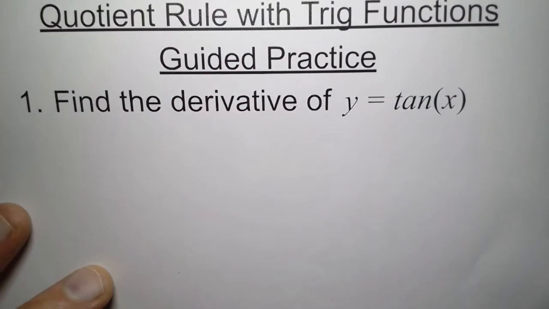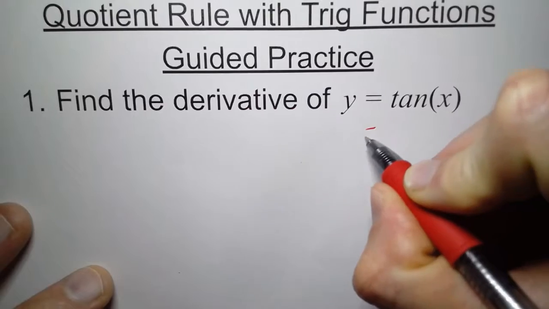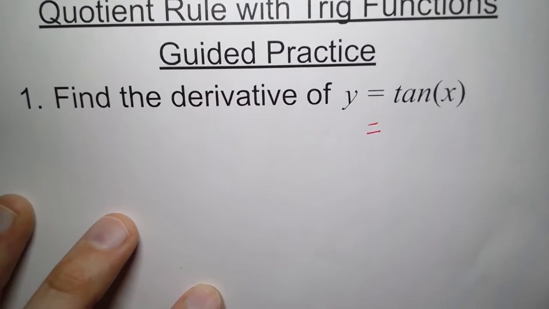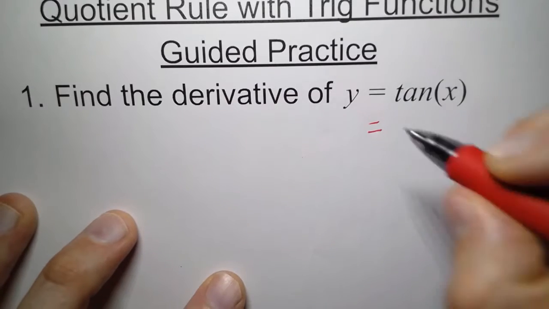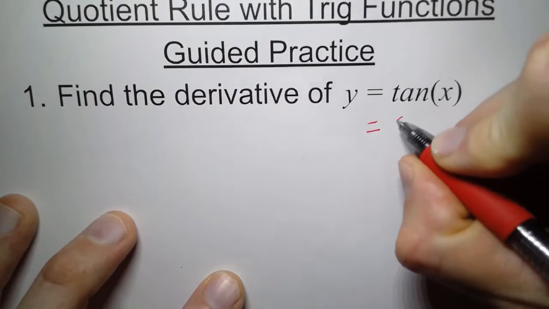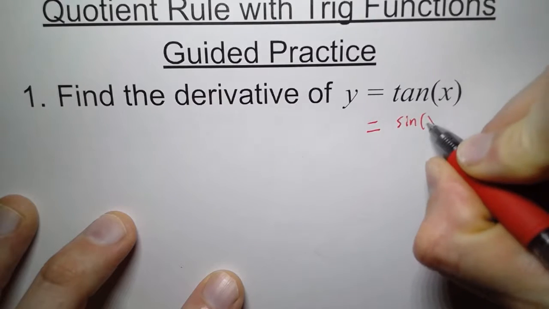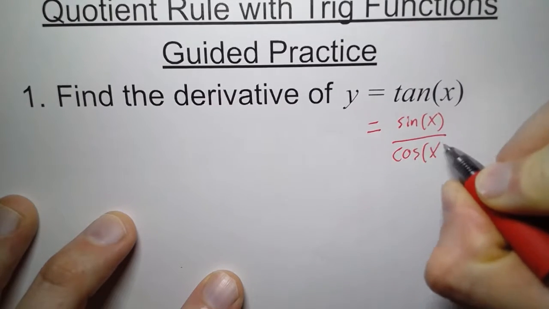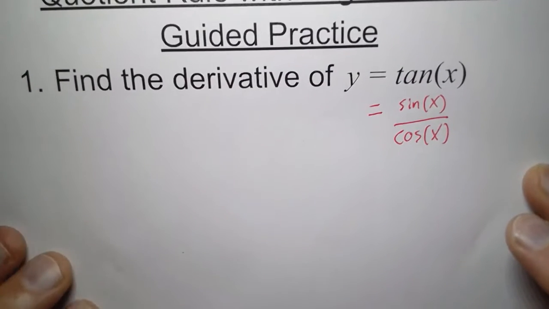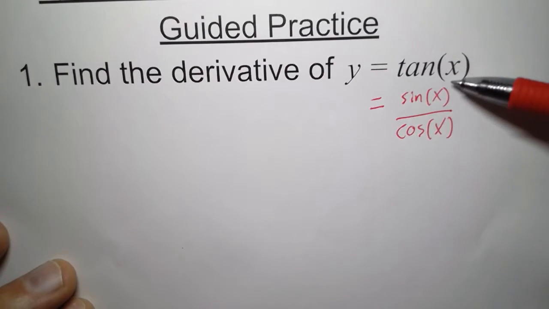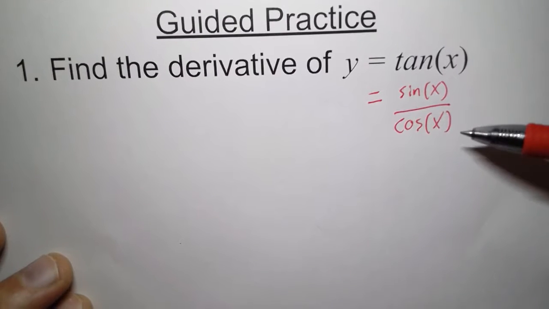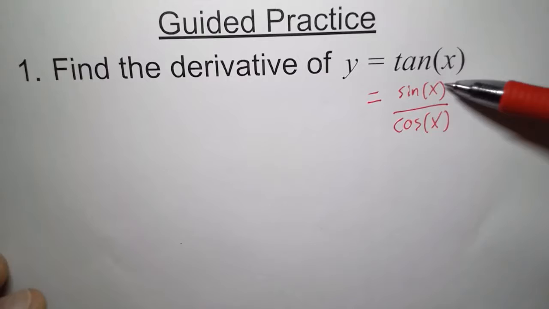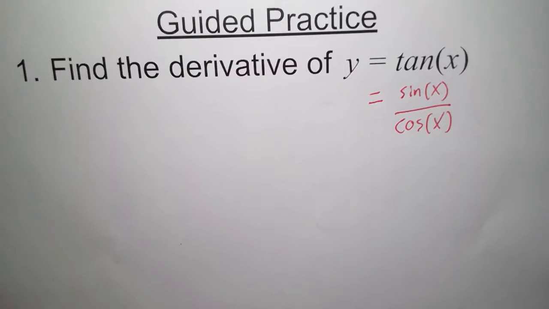So all the problems are going to start with not taking a derivative, but rather rewriting these functions as quotients. So we know tangent is sine of x over cosine of x. And like I said, instead of taking the derivative of this, we'll take the derivative of this, since we know quotient rule and since we know the derivatives of sine and cosine individually.